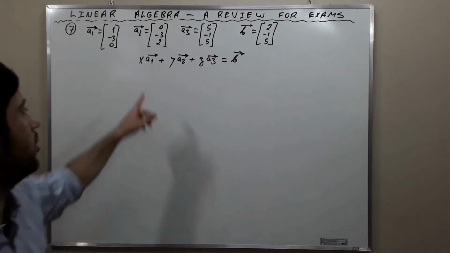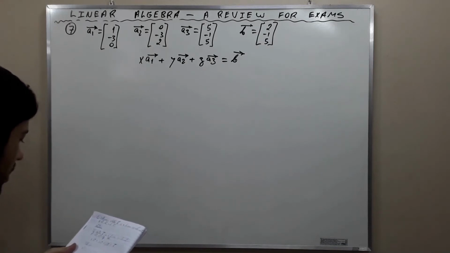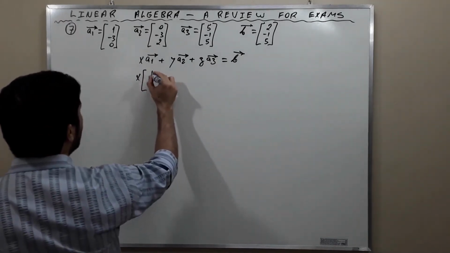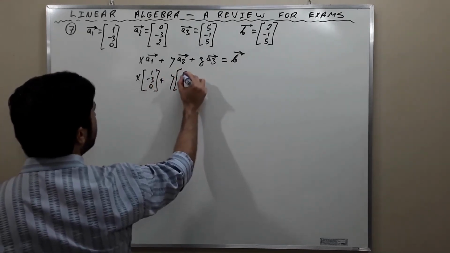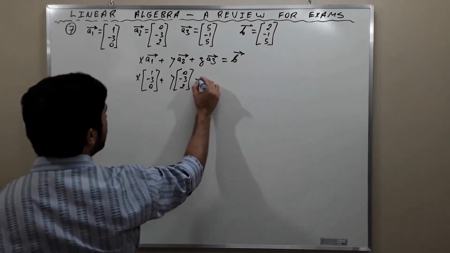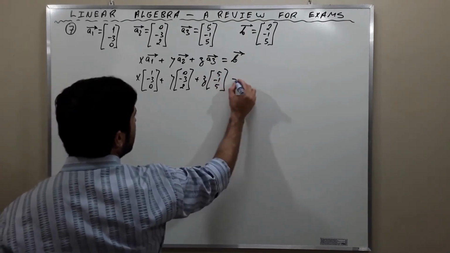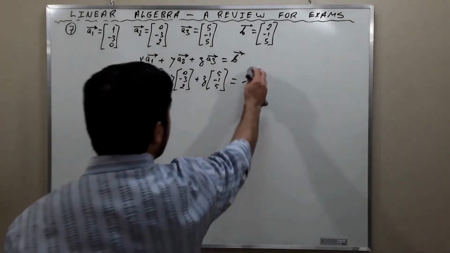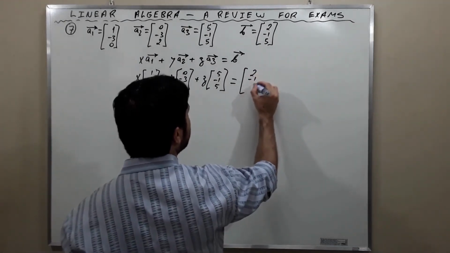All right, so let's look for these values of x, y, and z that produce b. In this way, we can write it here: x times (1, -3, 0) plus y times (0, -3, 2) plus z times (5, -1, 5) equal to b, where b is going to be written as (2, -1, 5).